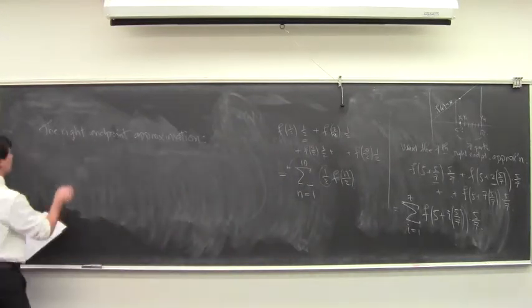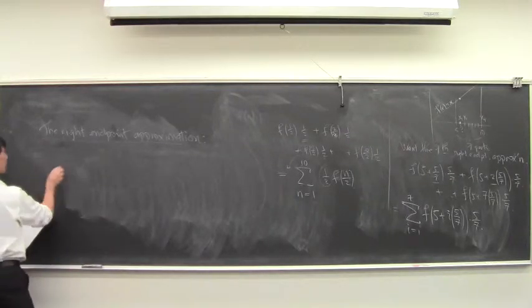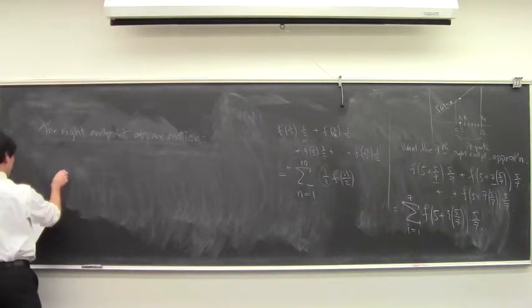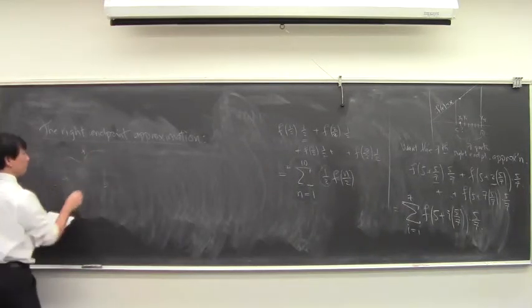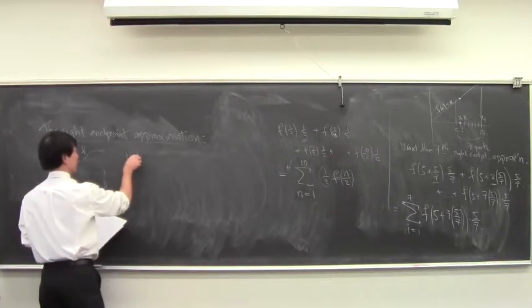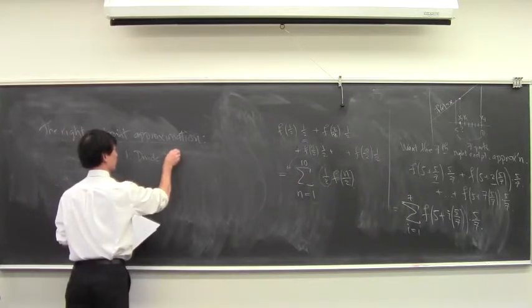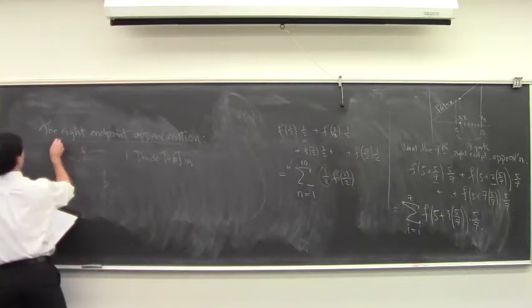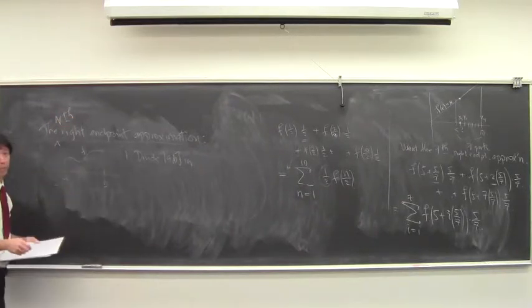Okay, so here's how you do it. Somebody gives you a function on [a, b]. You have the graph here, and we're going to define the right endpoint approximation. Here's how you construct it. What I'm going to talk about is the nth right endpoint approximation.